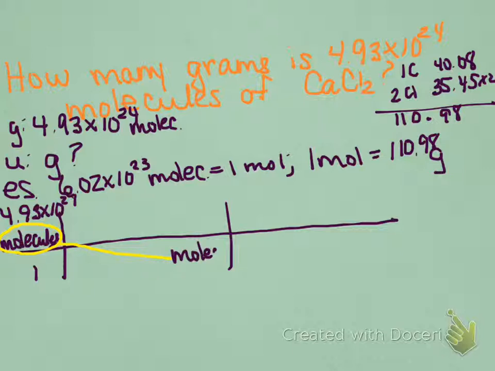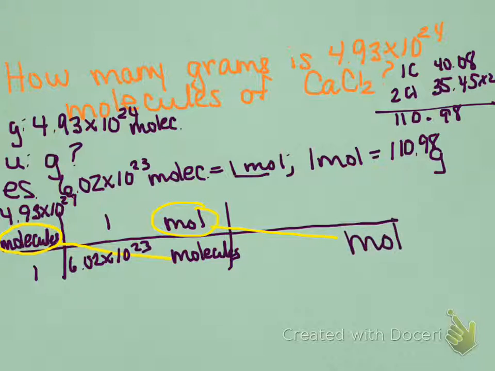If I look at my equality statement, 6.02 times 10 to the 23rd molecules equals 1 mole. Again, to figure out what units go down, I look, moles here, so therefore moles have to go here. In my second step, my second equality statement says 1 mole is equal to 110.98 grams.